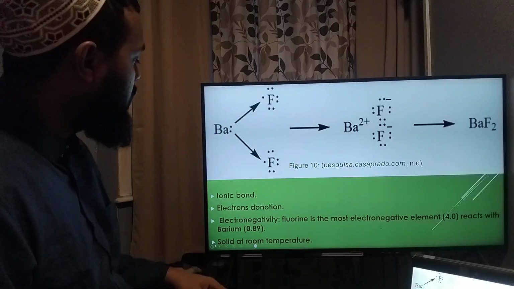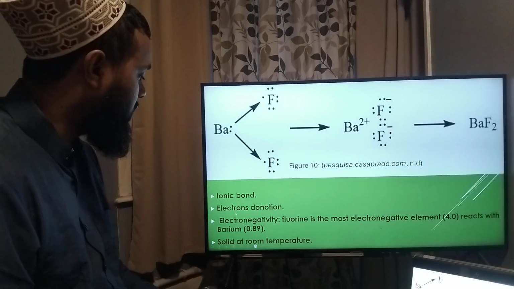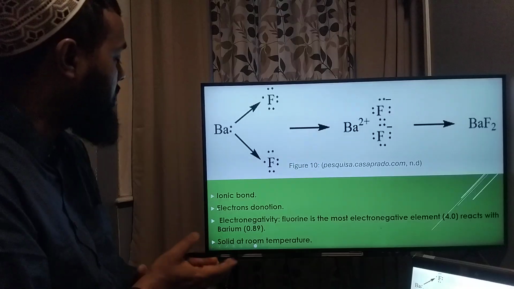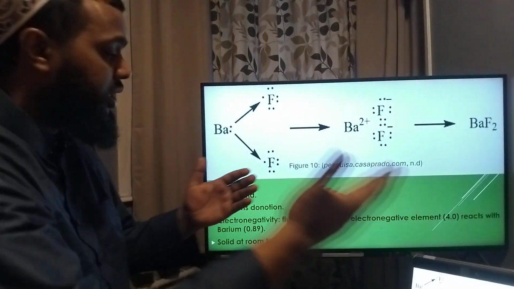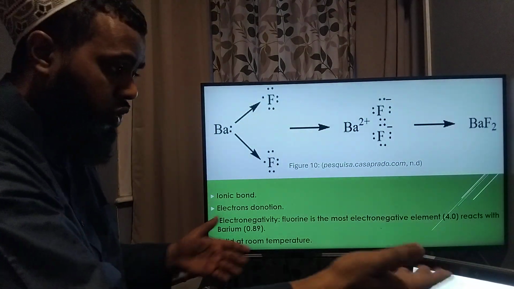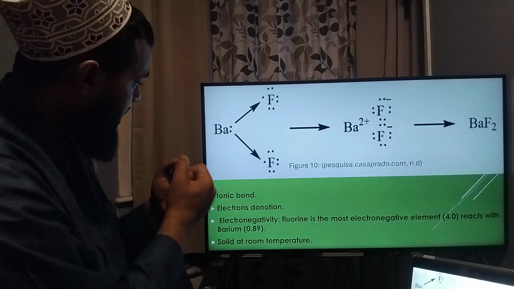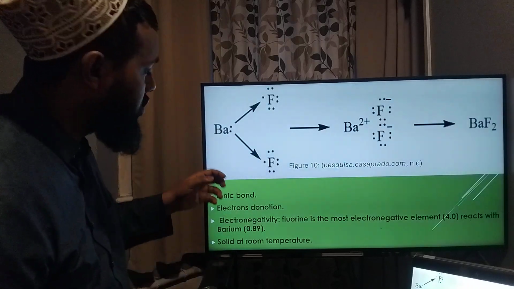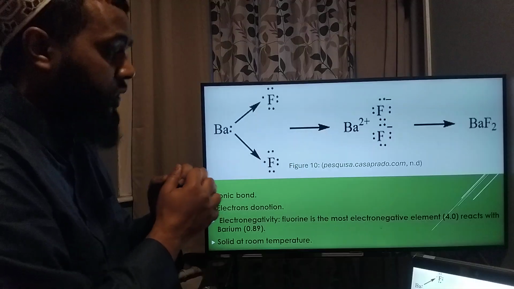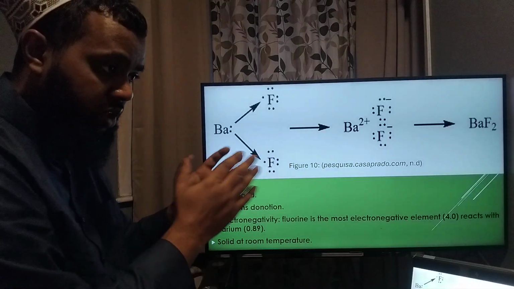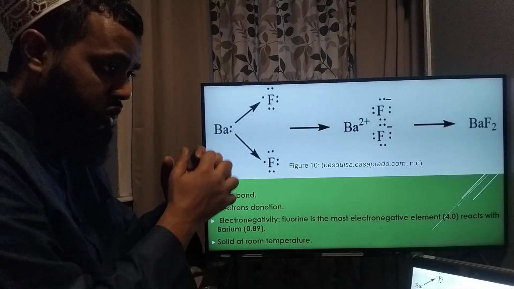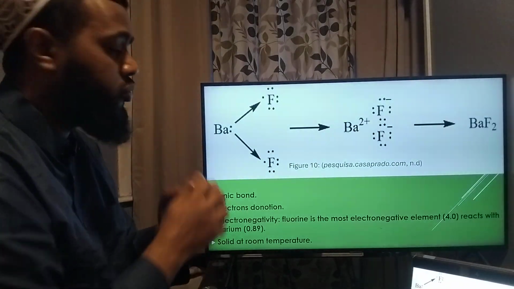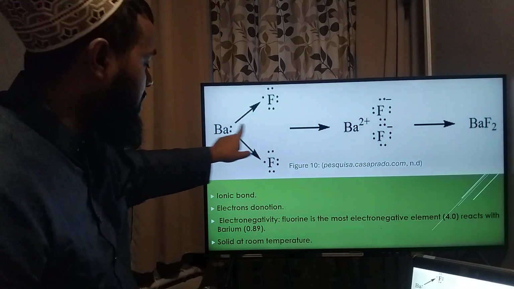Also we have the ionic bond, between non-metals and metals, losing electrons and accepting or attracting electrons. There is a very big electronegativity difference that causes a very strong bond between barium and fluorine.